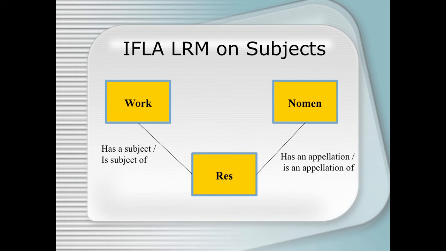You can also see how this maps pretty well onto the two-part subject analysis process that we talked about at the beginning of lecture last week. First, we figure out the aboutness, the subject separate from any controlled vocabulary. So figure out what the subject of the work is. And then second, we determine how to translate that aboutness into words or notation. So determine what nomen to use to represent that subject.